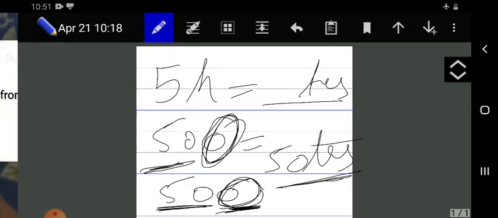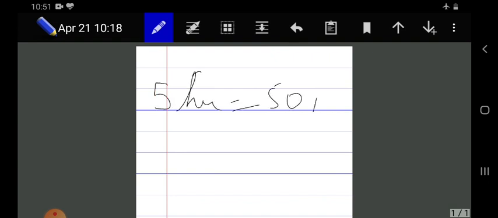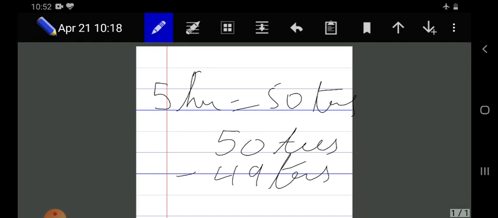So how will you do it? Simply, first of all, write 500 is equal to 50 tenths. Then 50 tenths minus 49 tenths. Okay, tens will be tens here. And as we subtract, what will be the answer? 1 will be the answer.